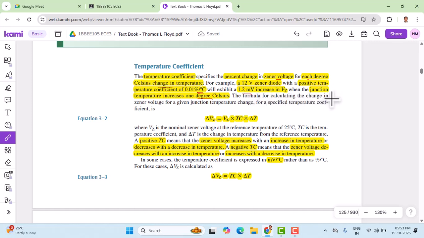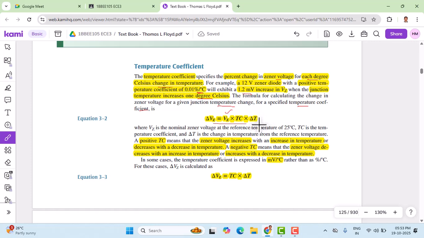That is the positive temperature coefficient. The formula for calculating the change in Zener voltage for a given junction temperature change for a specified temperature coefficient is as shown here. This is the formula which we need to remember. Delta Vz, which is the change in Zener voltage, is related to Vz, the Zener or breakdown voltage, and Tc, the temperature coefficient, which is generally specified in percentage per degree Celsius change.